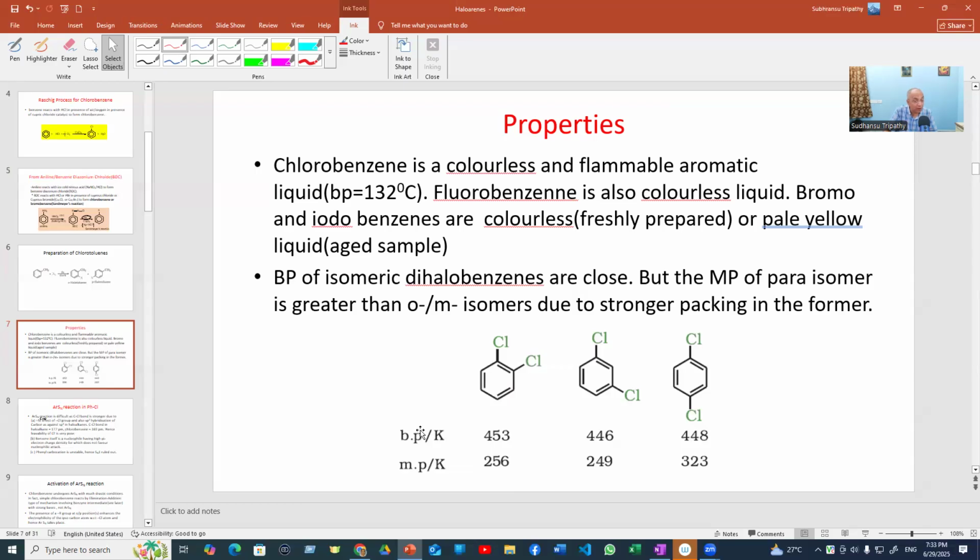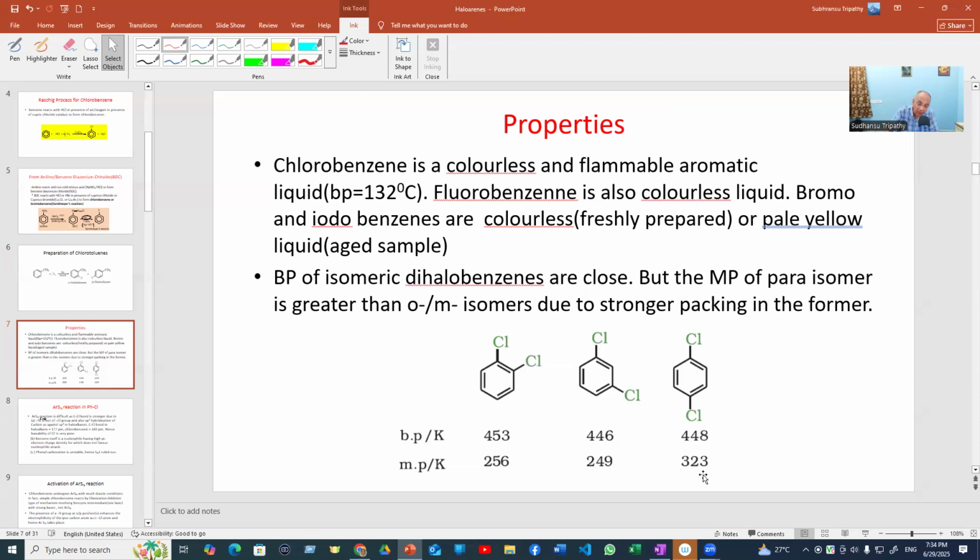But in case of boiling point, the van der Waals force will be more, the more the dissymmetry, the more the polarity. So their contact area will be more, and therefore the van der Waals force. Packing is not important. They are mobile. So the van der Waals force is maximum for ortho.